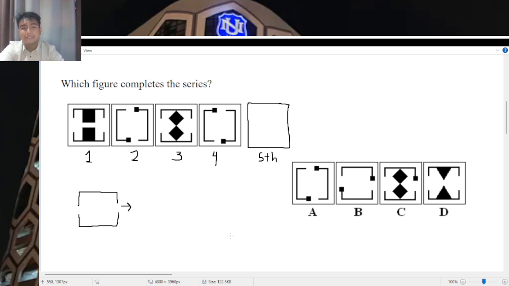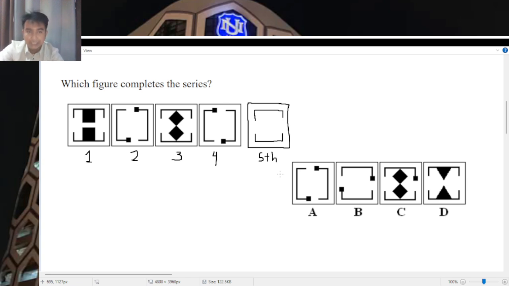So it means that our fifth term is a rotation of those outer lines. We are going to expect that on the fourth term, the outer lines look like this. They will rotate in a 90-degree manner like this. So our fifth term would look like that because of, again, the pattern of rotating 90 degrees.